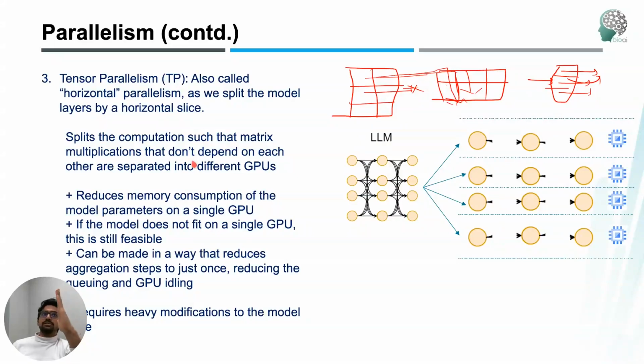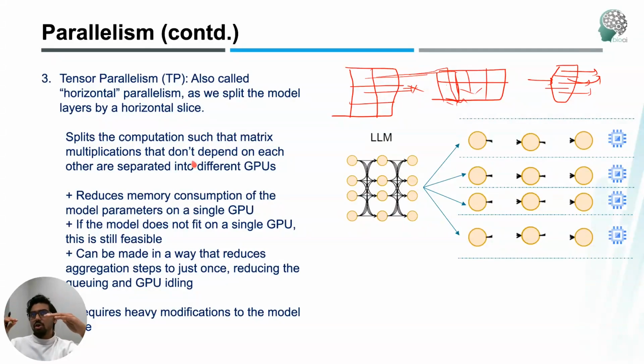So an input arrives, goes through different GPUs, goes to the next layer, and so on and so forth. It avoids GPU idling by essentially starting to process the next batch of inputs before the current batch of inputs has been processed.